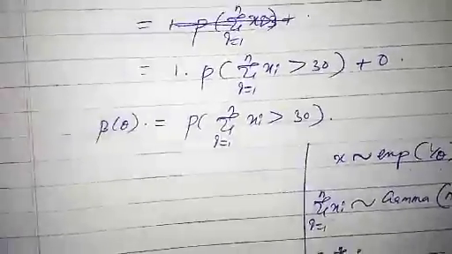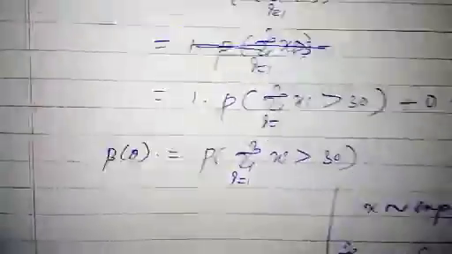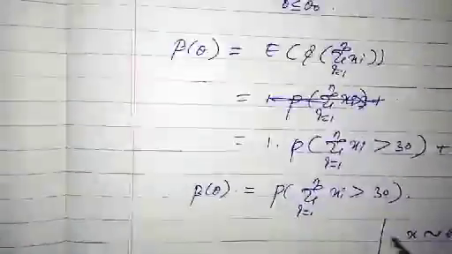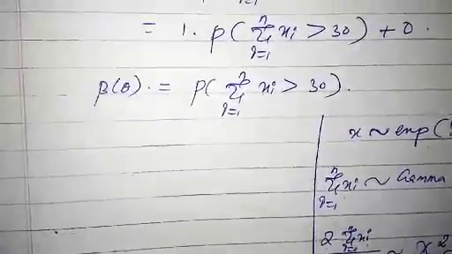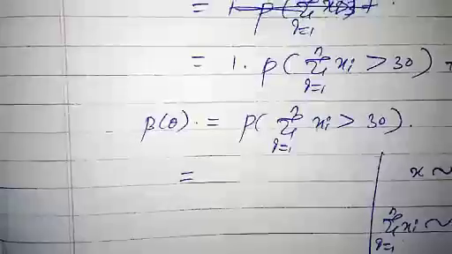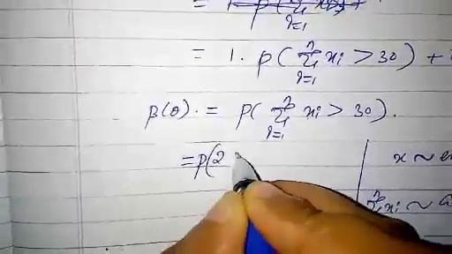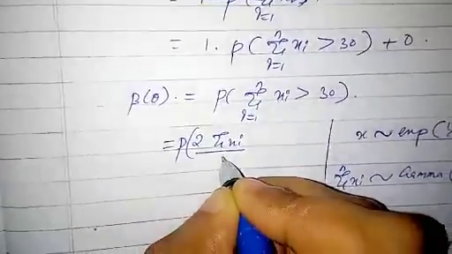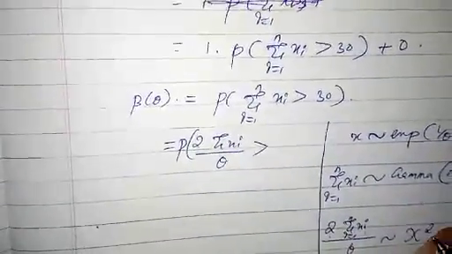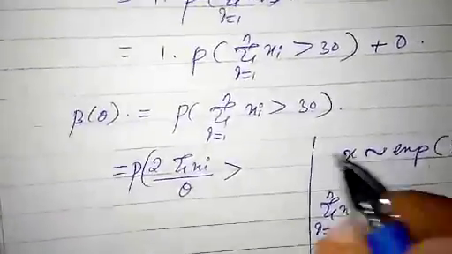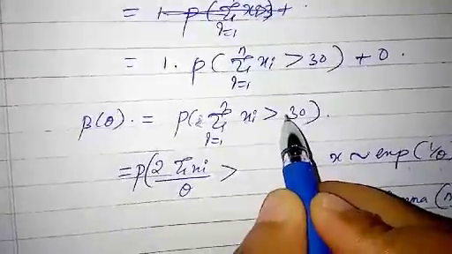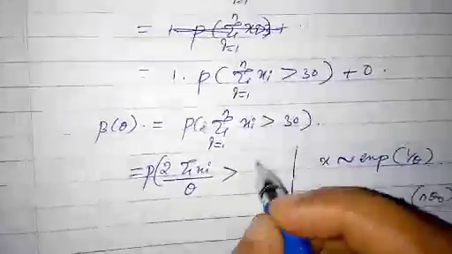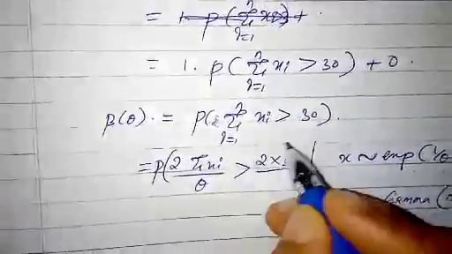Here we have to make some transformation of this form. Summation xi follows gamma, right? Then we make probability of 2 into summation xi divided by theta greater than, if we multiply by 2 here, then also multiply here, it is 2 into 30, also divided by theta.